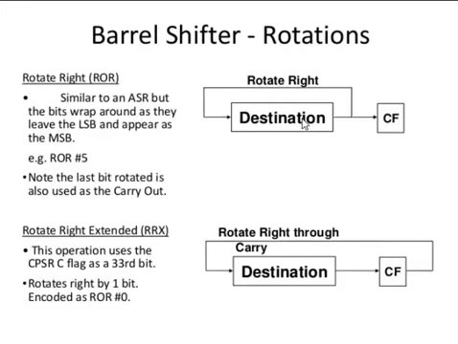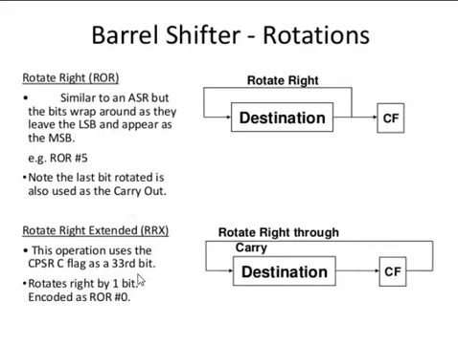Then the barrel shifter is used in rotation, in ROR and RRX as well. See students, this is the carry flag and this is the destination. For rotate right, in this loop, here it is ROR #5, so rotation is done by five positions. Similarly for RRX.